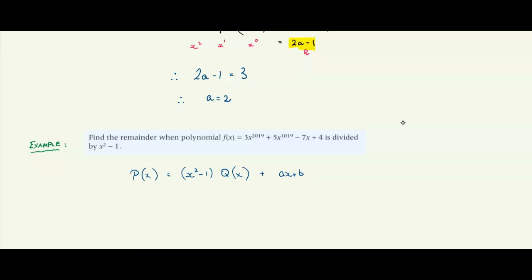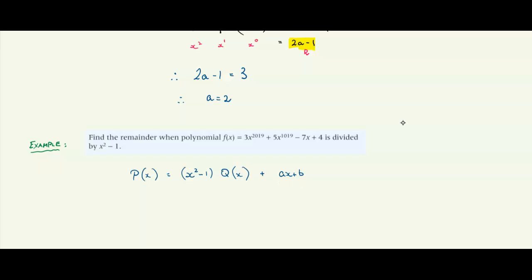So remember, if we're dividing by a power 2, then we can have a power 1 or a power 0 remainder. If we're dividing by a linear, we have to have a constant remainder. So our remainder here is ax plus b, a function of x.